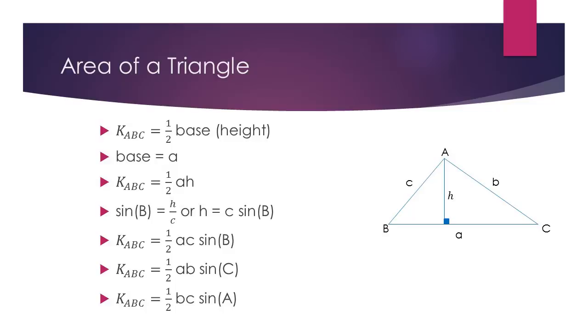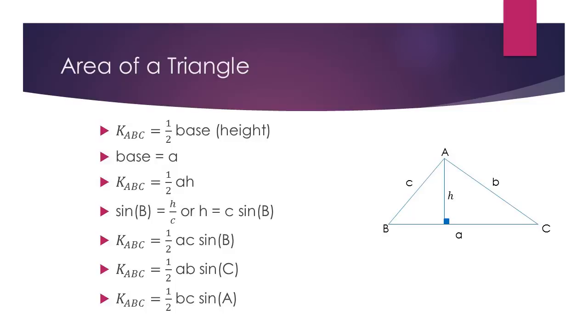Now remember, when working with the law of sines, we know that the sine of an angle is the opposite side over the hypotenuse. So if we take angle B, you get sine B equals the height, which is the opposite side, over c, which would be the hypotenuse.